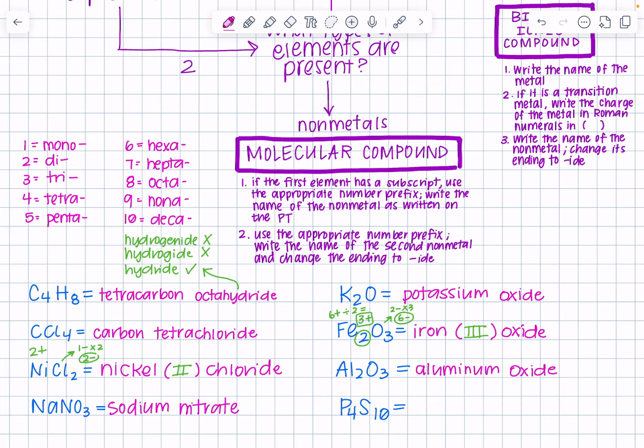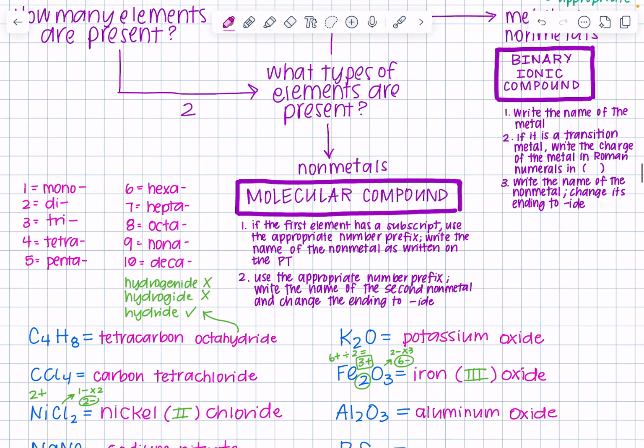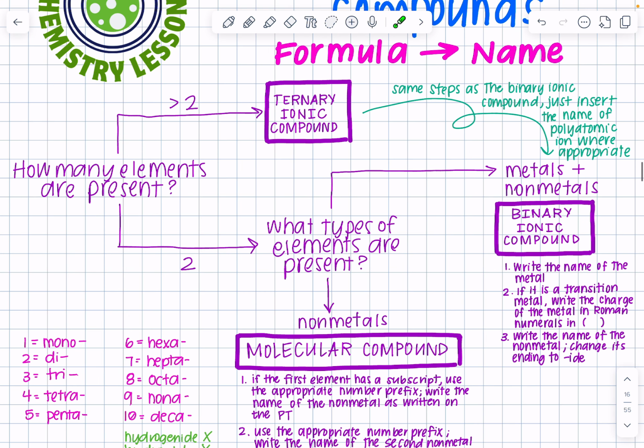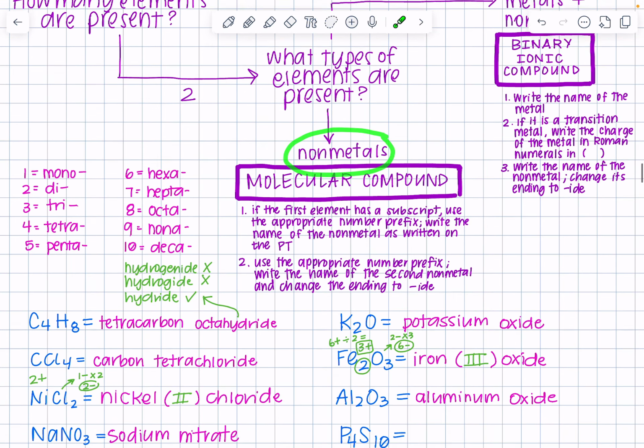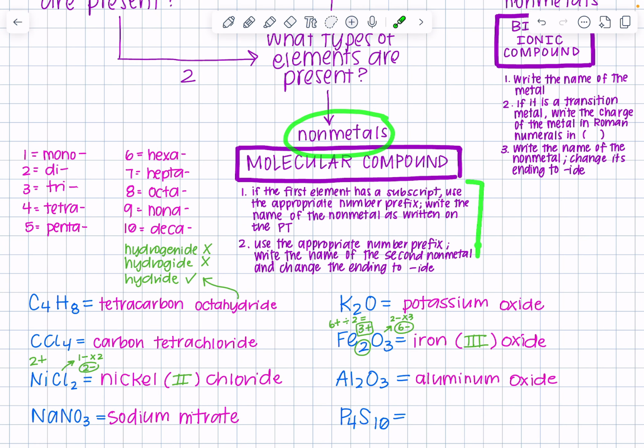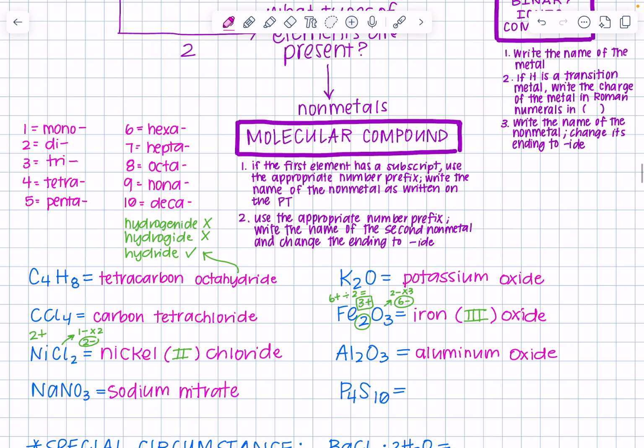All right, and this last one here, P4S10. We've got P's and S's, that would be two elements. Phosphorus and sulfur are both nonmetals. So now I'm going to be needing my prefixes. If our first element has a subscript, it does.